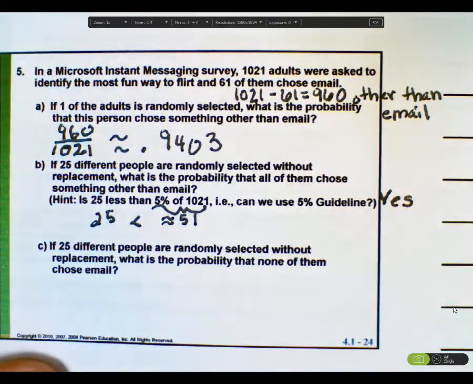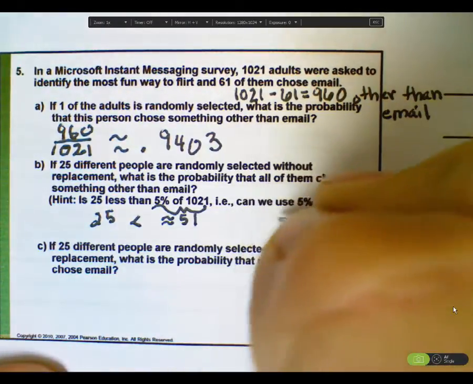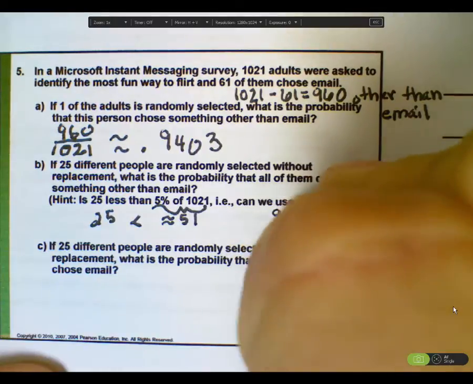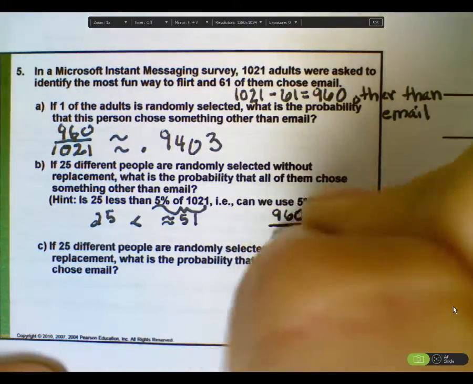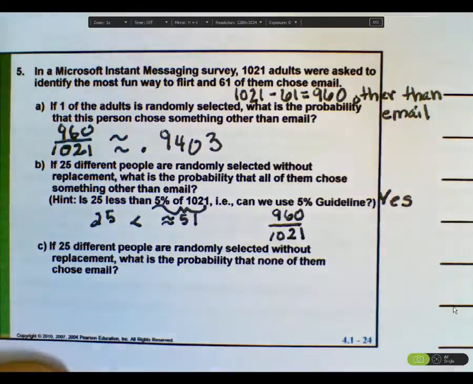We can assume that the sampling is done with replacement so that the draws are independent of each other rather than without replacement. So the probability that one person chose something other than email, we've already said that's exactly 960 out of 1,021.